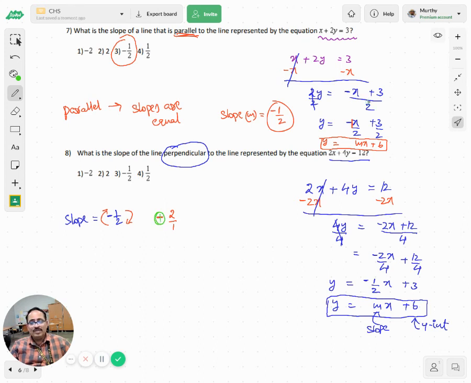Therefore, negative 1 over 2 becomes 2 over 1, and again you have to switch the sign, then positive 2 over 1. Therefore, the new equation slope should be 2 over 1 or 2. That's the answer. Okay, let's quickly jump to the next question.